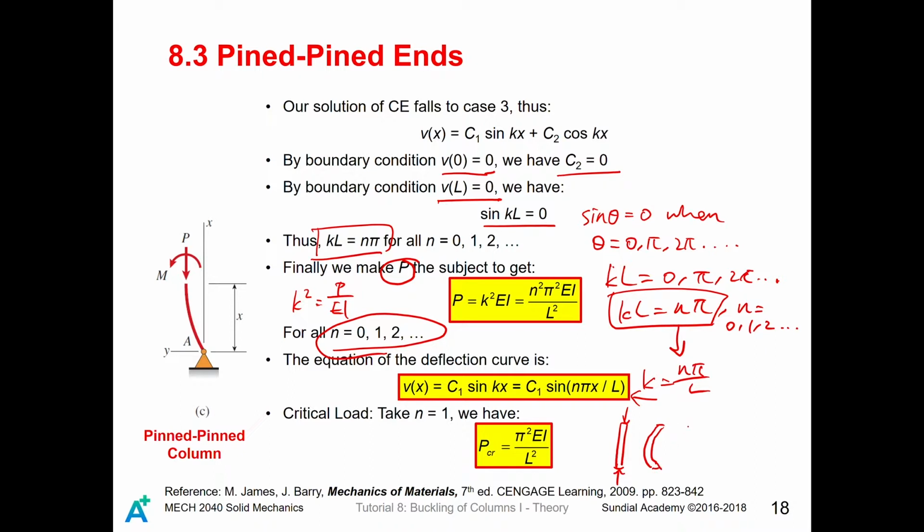It will not become something like this, very hardly to happen. So we will take n equals 1, then we can get the critical load of the pinned end situation, which is pi squared EI divided by L squared. So the critical load for the pinned ends is given by pi squared EI divided by L squared by using the differential equations approach.